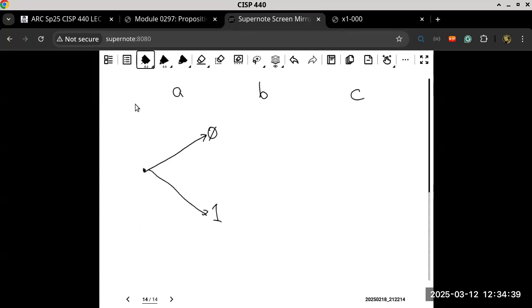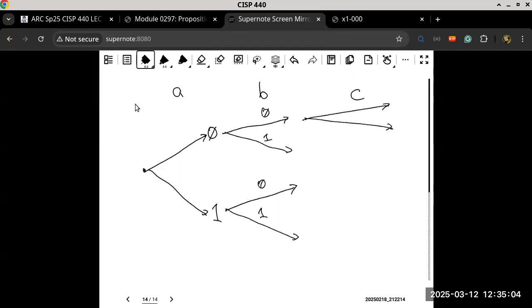So for the second level of the tree from the root, it's about B, okay? So when A is false, B can be false or true. When A is true, B can also be false or true. So false, true, okay? Now I can say if A is false, B is false, C can still be false or true.